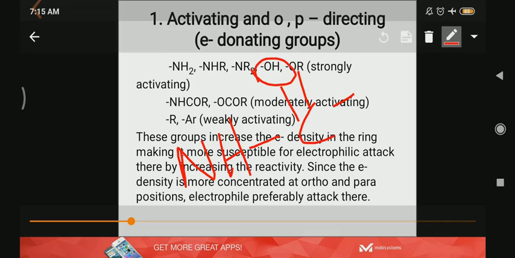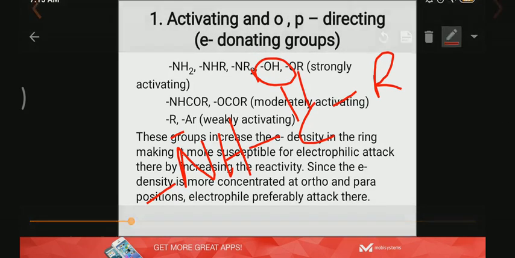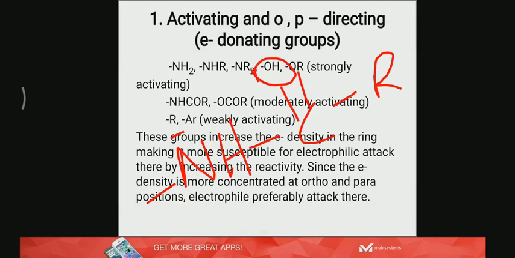And this is the amide linkage. When this is connected to the benzene ring, the lone pair on nitrogen is conveniently shown like this. So this lone pair is conjugated to the ring on one hand.